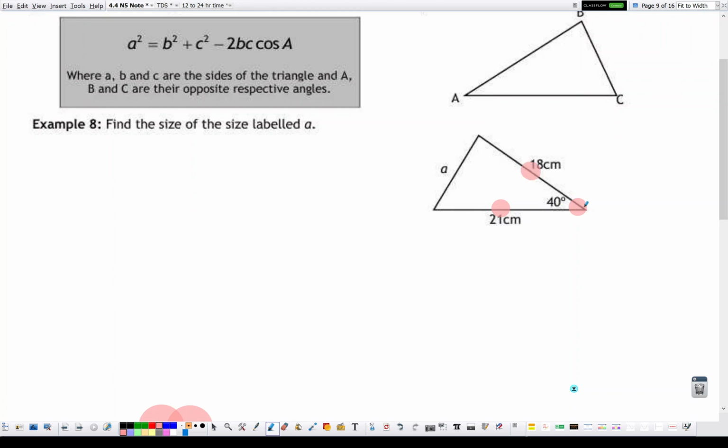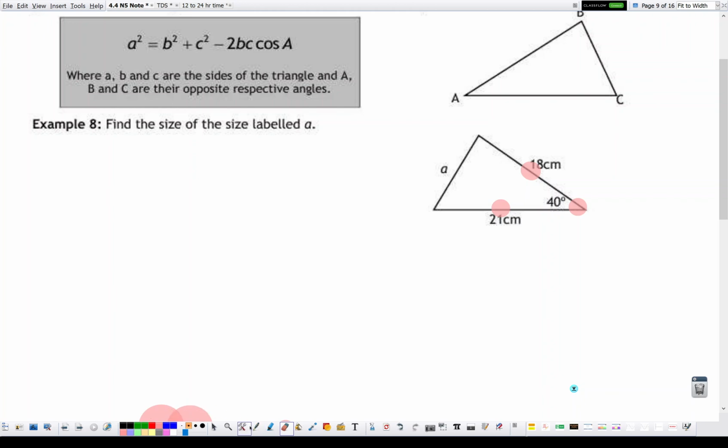Those are all quite cosy together. I have an angle cosied in between the two sides. That means I use the cosine rule. If you ever see an angle cosied in between two side lengths, then you are likely to be using the cosine rule if you're looking for the opposite side. So that may be a way that you can remember which rule to use. But we don't actually need to know that for today.